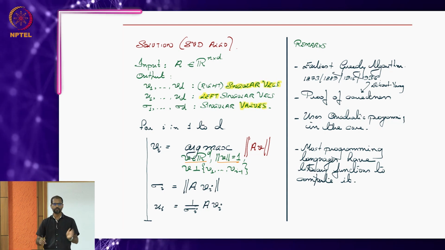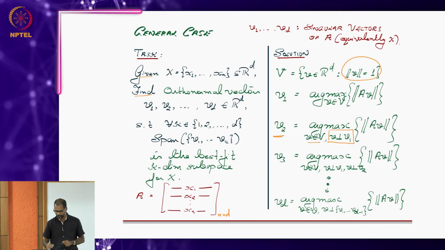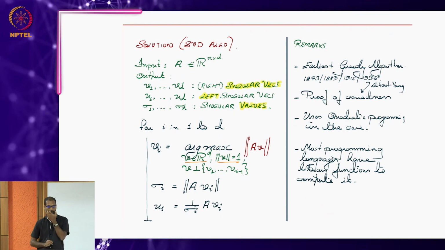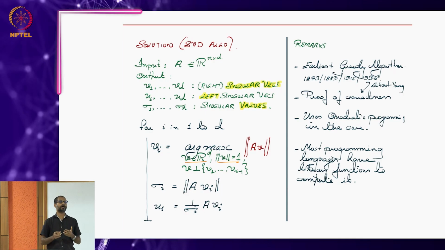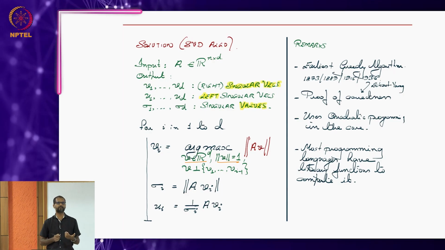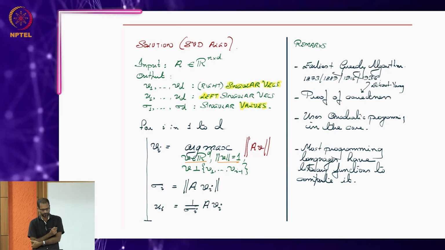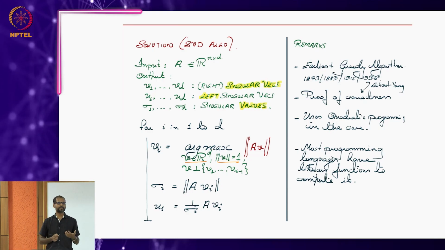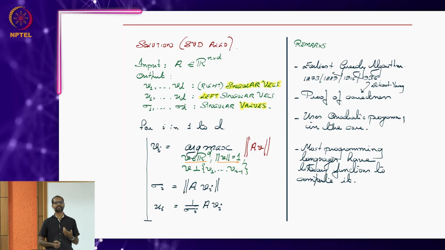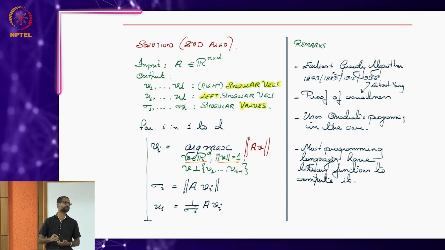So if you put the previous slide in a loop, this is what you get. But whenever you have an algorithm, you squeeze a bit more out of it. You don't just stop at getting v1, v2 up to vd. You get something extra. So far I was saying it's only the argmax that is important, and the maximum value itself is not so important.